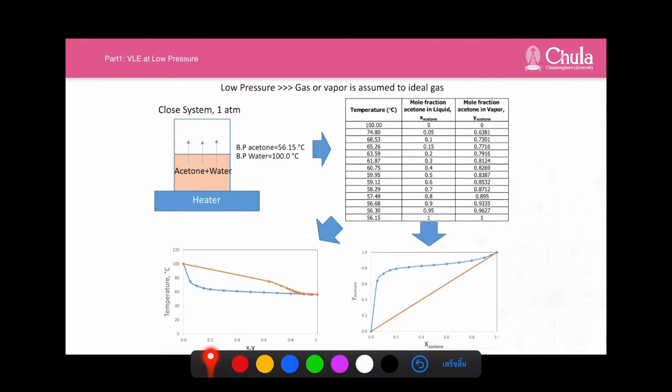So if we present our data in terms of mole fraction of acetone in liquid, it should be 0 because our system contains pure water. Acetone must be 0. And if we look at the composition in the vapor, the mole fraction of acetone in vapor phase must be 0 also, because the system contains pure water.